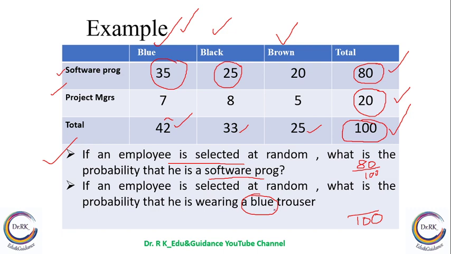How many are in favor of this event, that is, how many are wearing blue? 42. So 42 by 100 is the probability related to this event. Like this, we have to use the definitions and formulas to find the probabilities required.